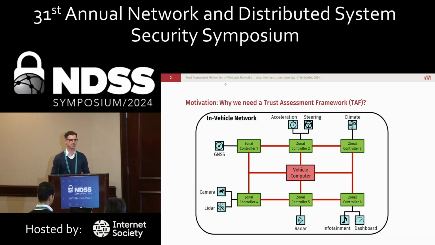As you can see here, in-vehicle networks are today already quite complex systems of systems. Therefore, there are quite long information flows, such as the one from the GNSS ECU providing position data to the vehicle computer. For illustration purposes, this one is quite short, but in real-world systems, we have quite long information flows.